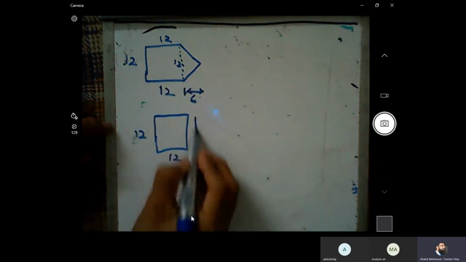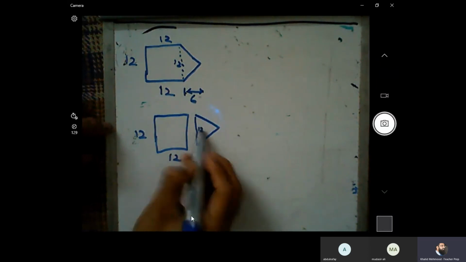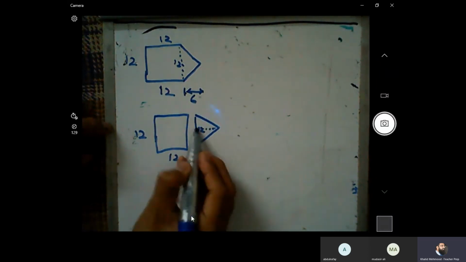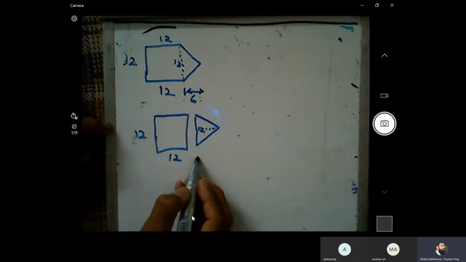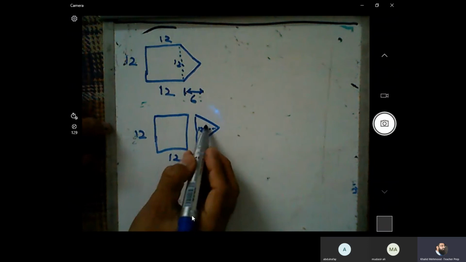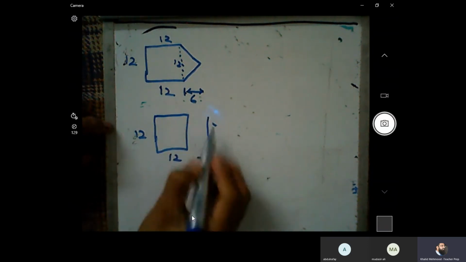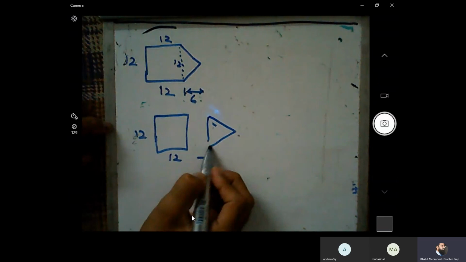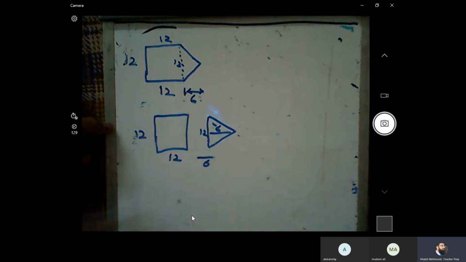Now we are splitting it here, and this is 12, and this is the height, which is given here. So if this is 6, it means this is also 6. In the other way we will write that this is 6 and this is 12.